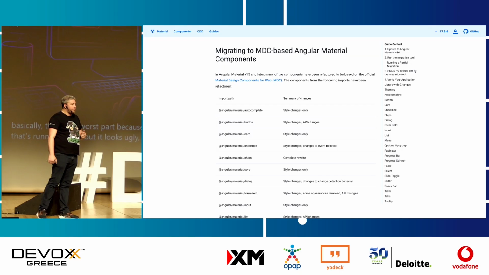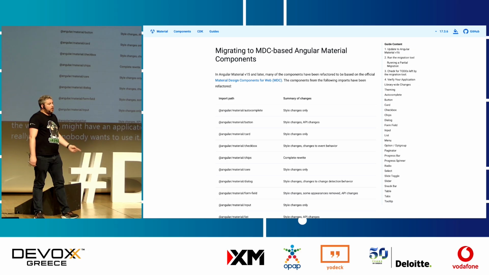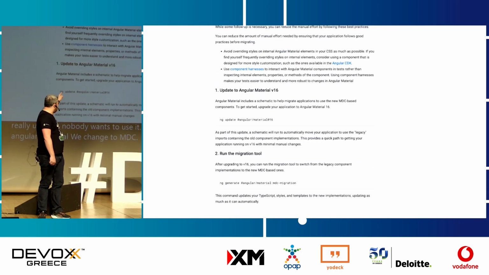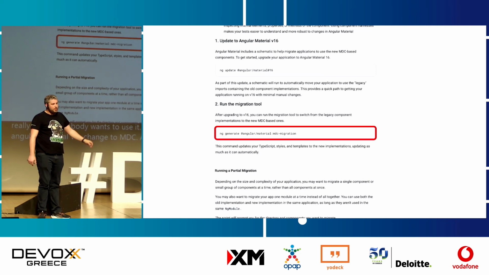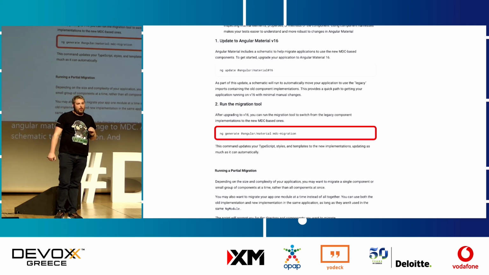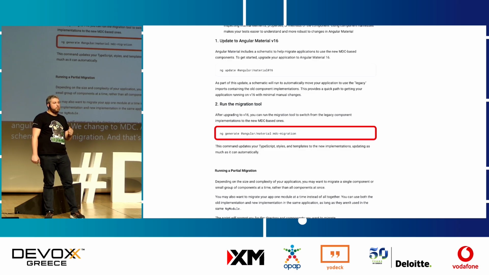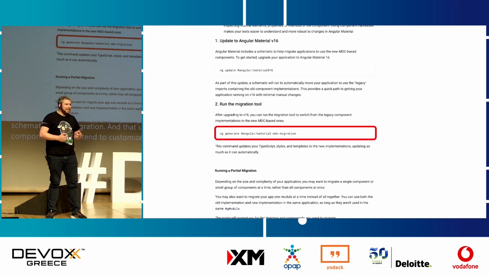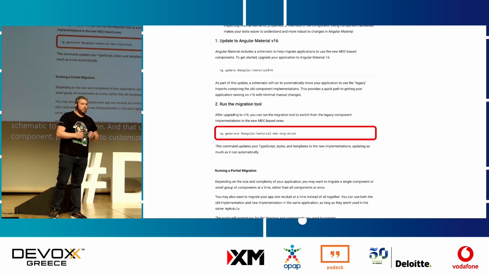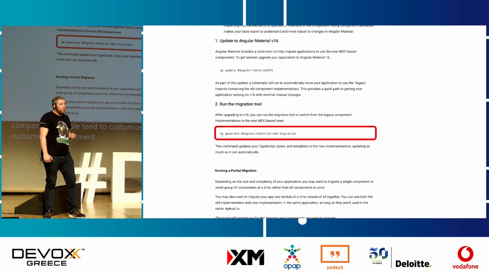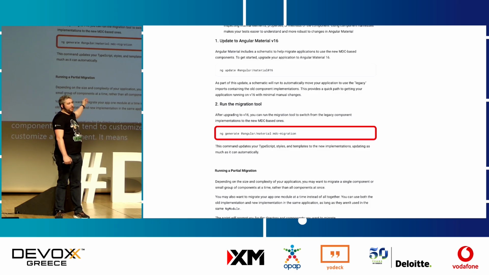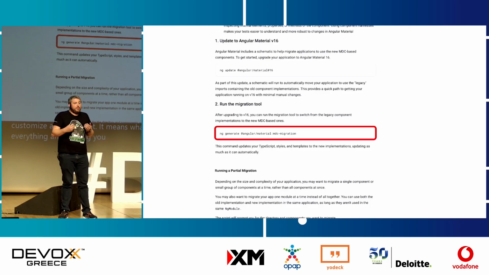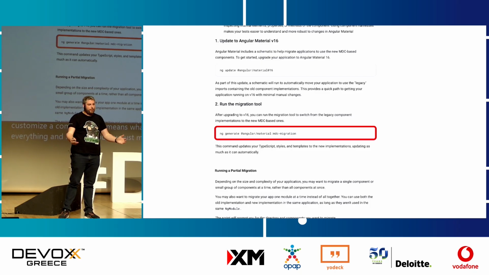Another case you might have, if you use Angular Material, we changed to MDC, and we provide you with a nice schematic to do the migration, and that's already great. Except when it comes to components, people tend to customize them. And there are at least 10 ways to customize a component. It means whatever effort we put into migrating everything and helping you, we might not be able to do anything for you.